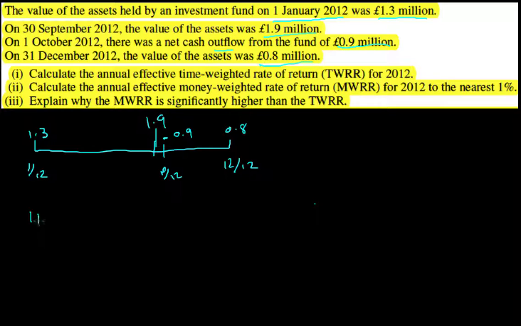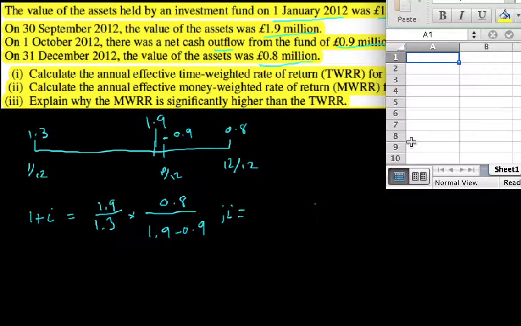So the time-weighted rate of return over 1 year is 1 plus i equals 1.9 divided by 1.3, multiplied by 0.8 divided by 1.9 minus 0.9, and that's just 1, in fact.